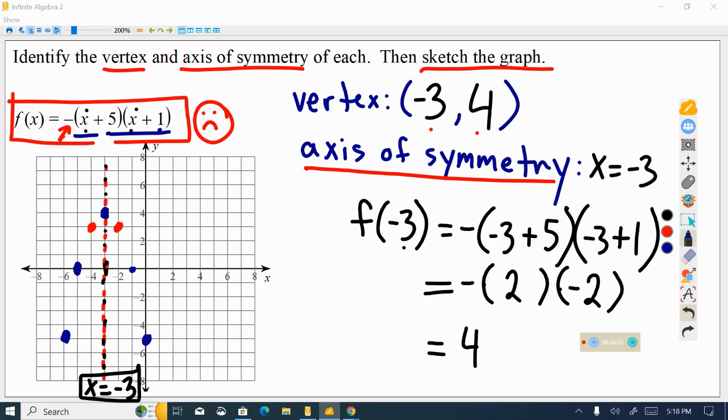So once you see this pattern, you'll be able to work a little faster, and hopefully the next unit will make more sense as we continue to study these functions. So notice all of our information is done. We have our vertex, we have our axis of symmetry, and we sketch the graph.